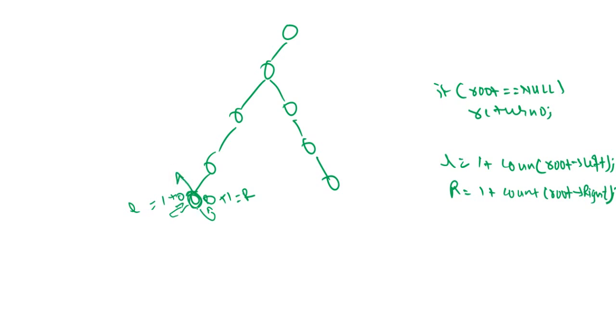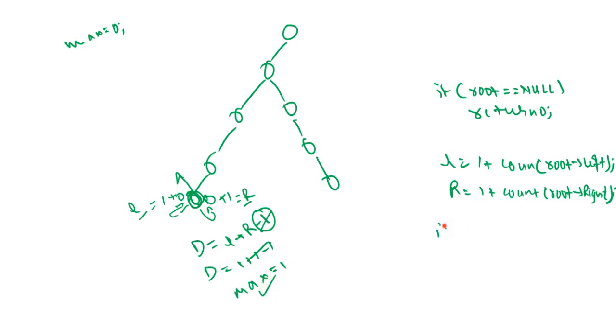For this the diameter is L plus R minus 1. Why minus 1? Because this node is counted in left also and right also, so we have to exclude 1. So the diameter is 1 plus 1 minus 1, which is 1. So our max will become 1, since max is a variable which I have initialized with 0. So now max becomes 1.